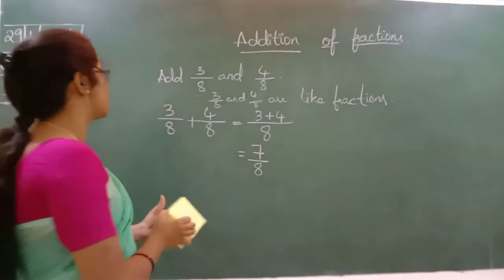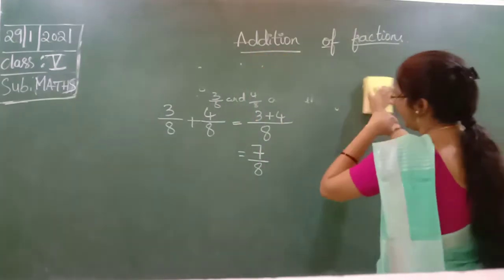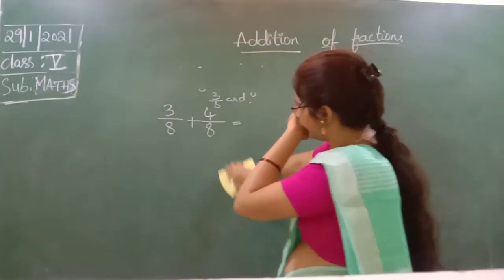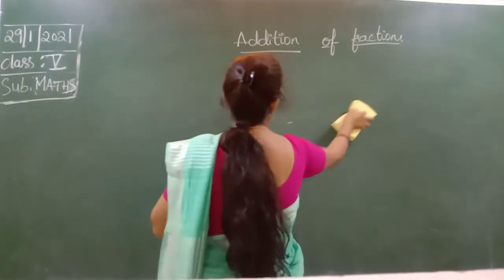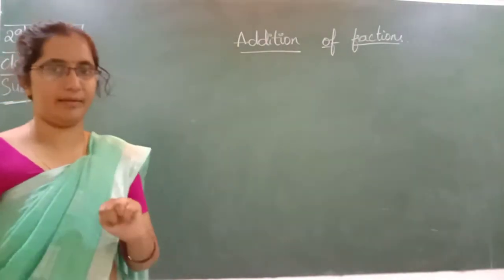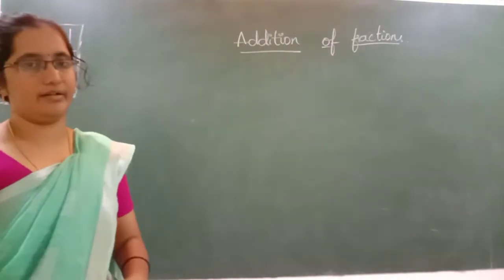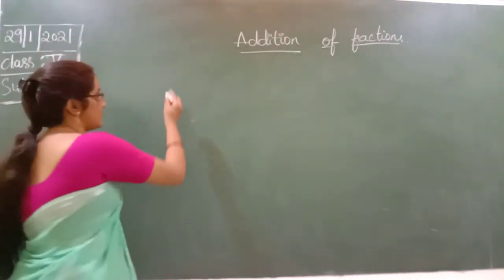Adding unlike fractions. For unlike fractions, we have to take the LCM of the denominators and then make the two denominators the same. Then only we have to add. Okay, here is one example.